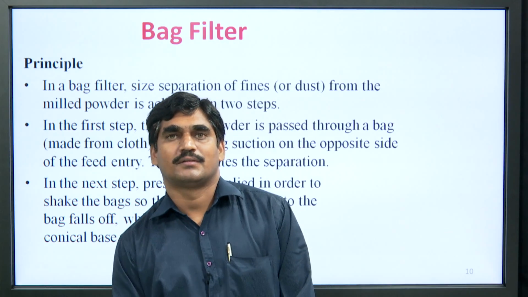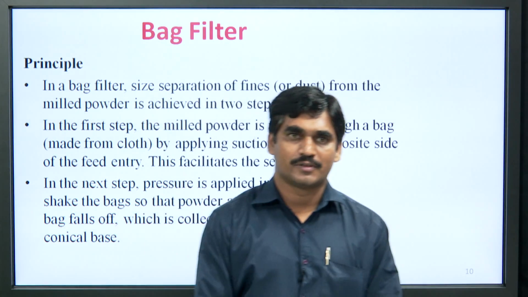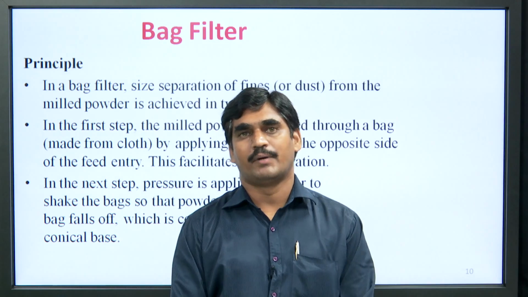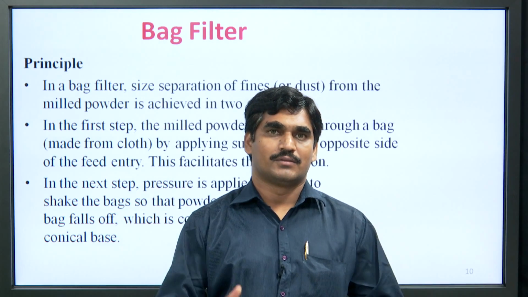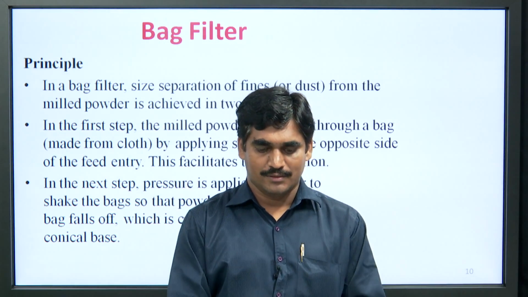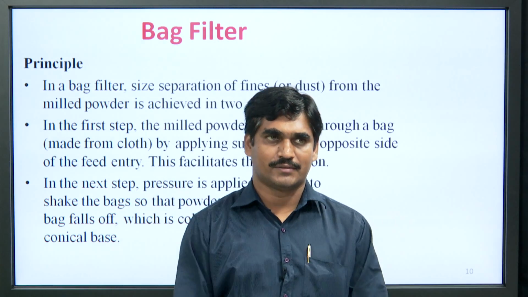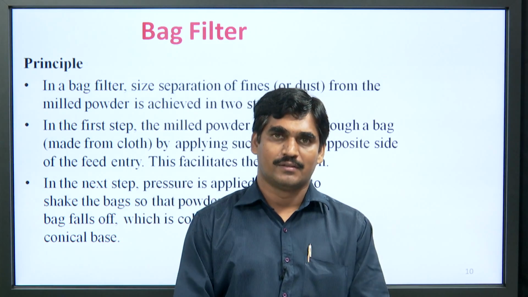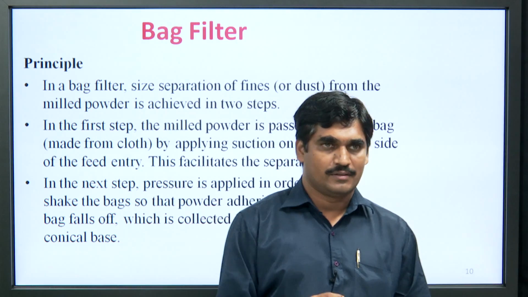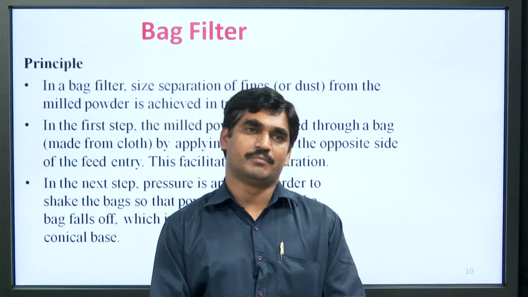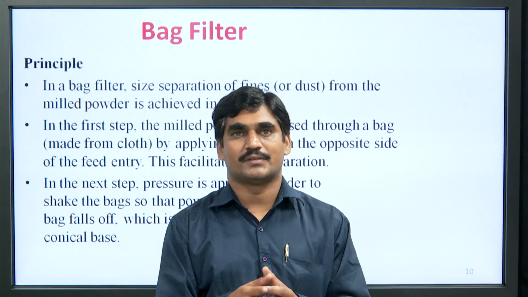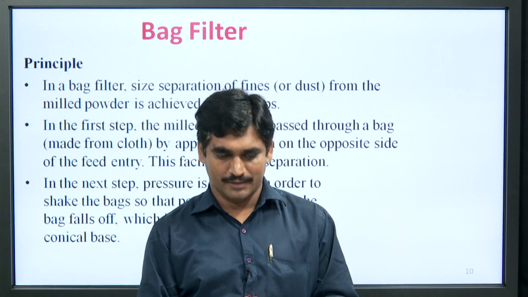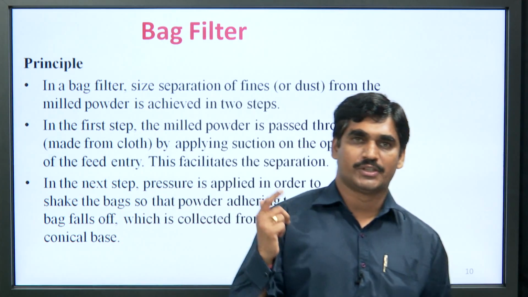Next apparatus that we are using for size separation process is the bag filter. In a bag filter, size separation of fines, or we can say the dusts, from milled powders can be achieved. This size separation process takes place in two steps.